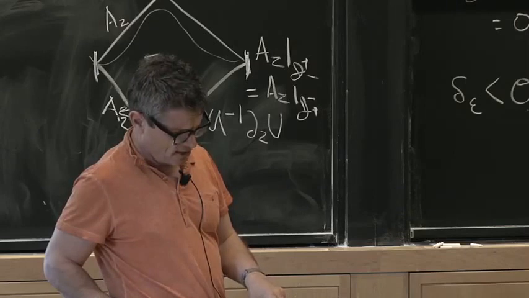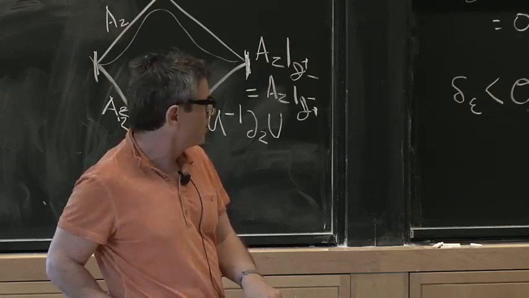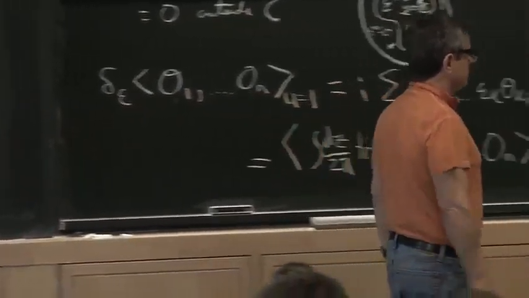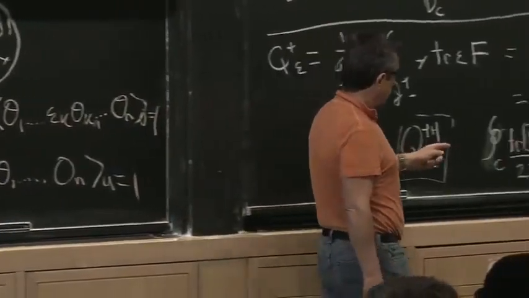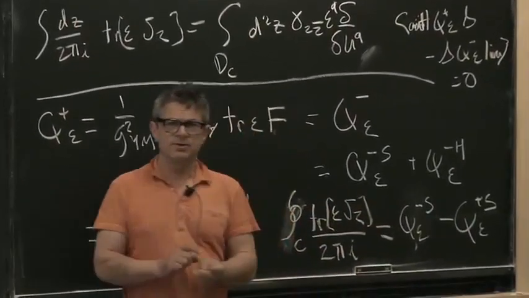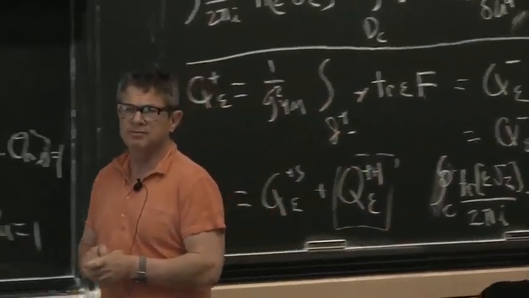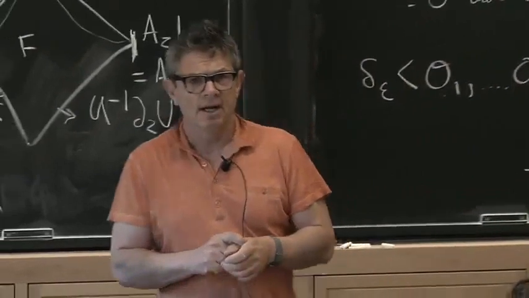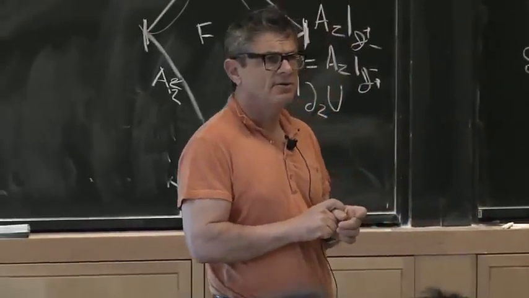There's also the question of soft limits. Now, in the homework, we talk about the double soft limit of two JZs, but there's also an issue about the double soft limit of a JZ and a JZ bar.